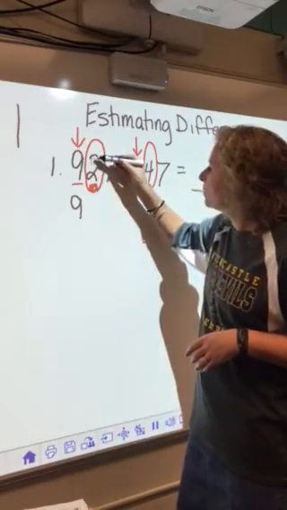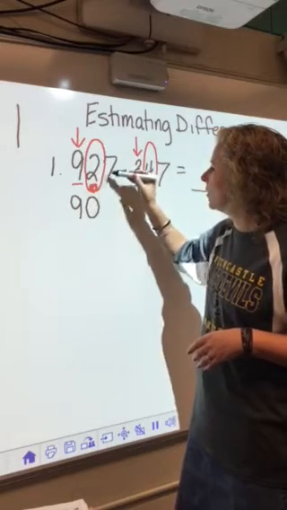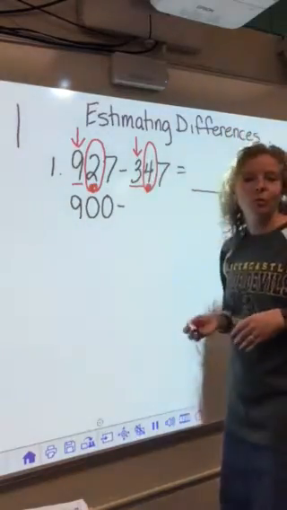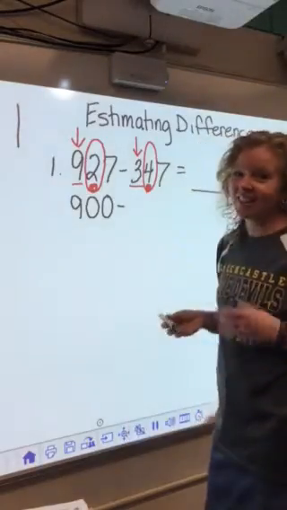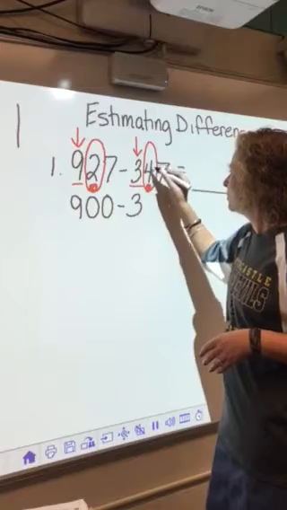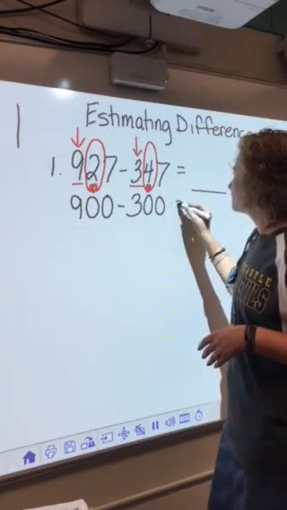And then you have to just put the place behind it as a 0, so the 2 turns into a 0, and now the 7 turns into a 0. Down from 3, down means stays the same. The 4 turns into a 0, the 7 turns into a 0.